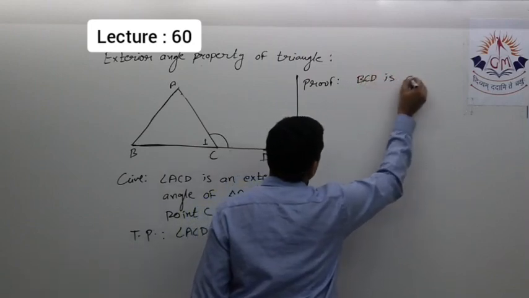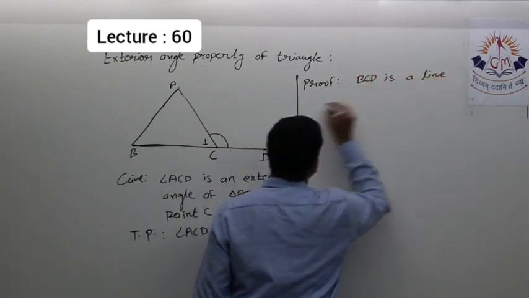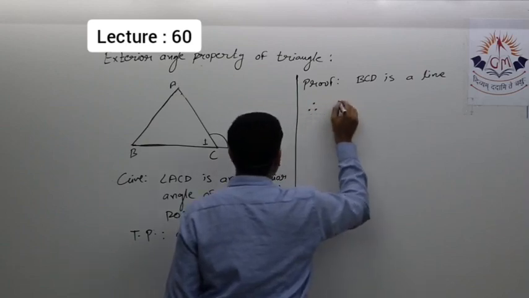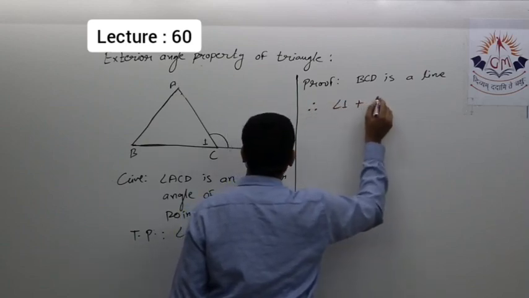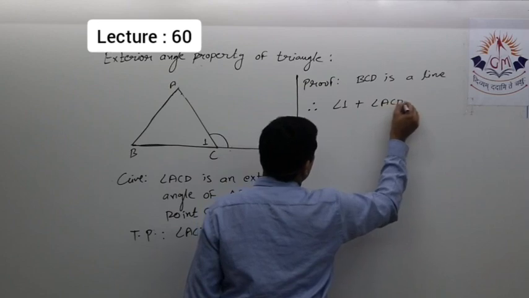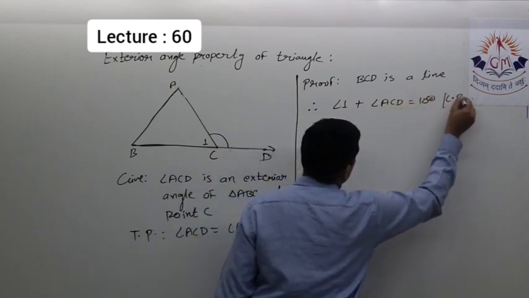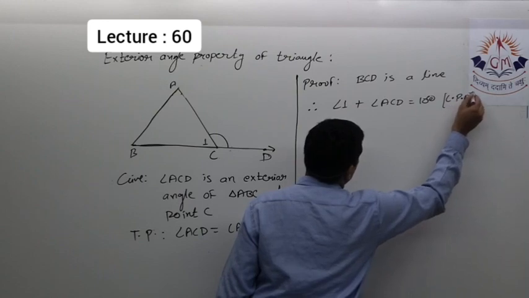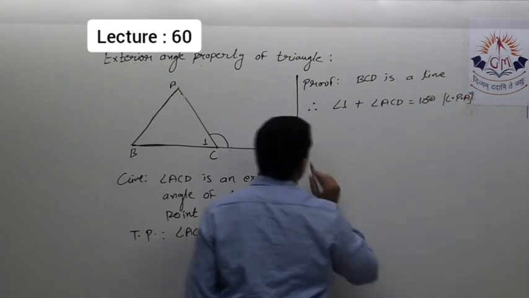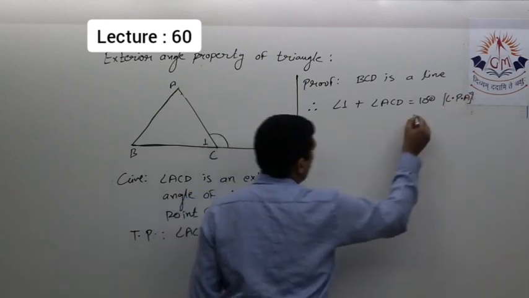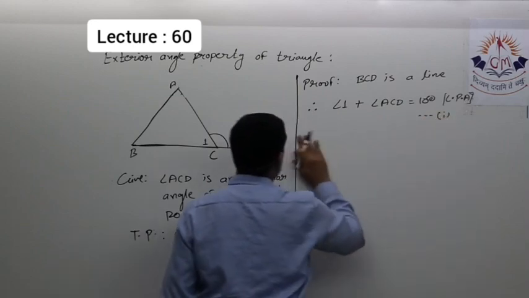BCD is a line. Therefore I can write angle 1 plus angle ACD is equal to 180 degree. Reason is linear pair axiom. Let this be equation number 1.